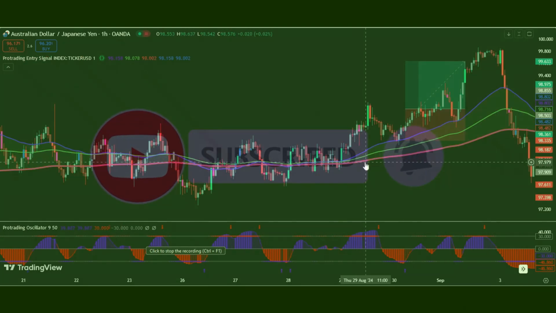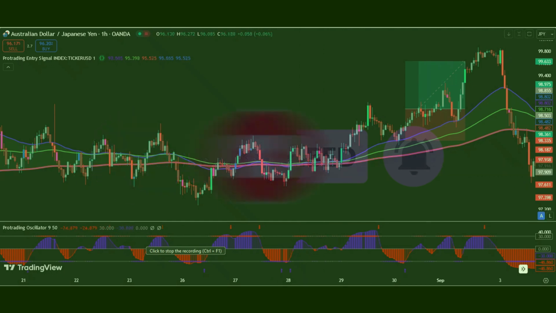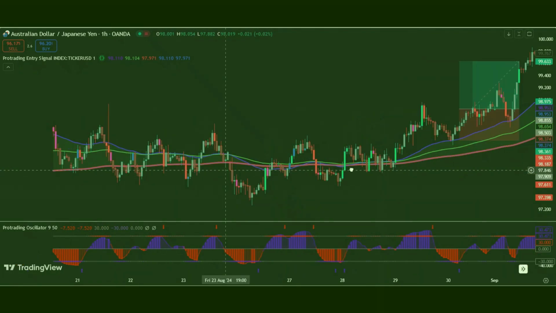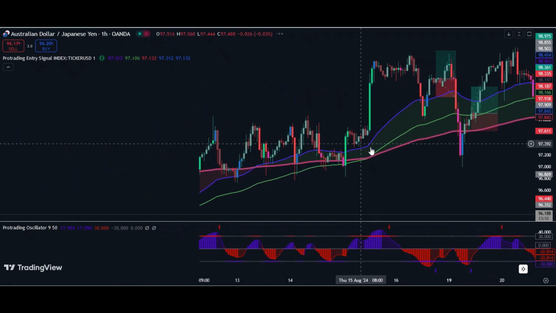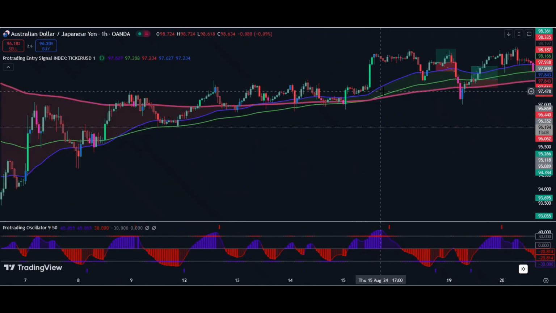Here is a buy opportunity from the market. You see from this point, this is the point when we get the cross.